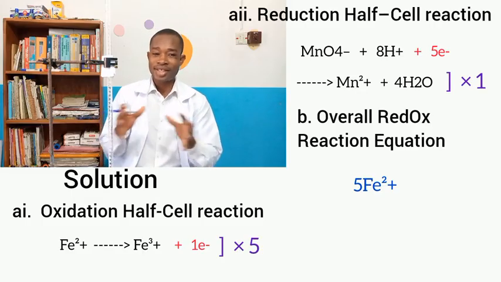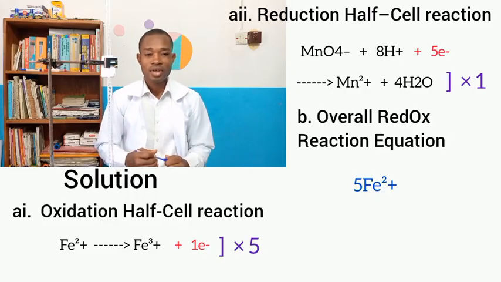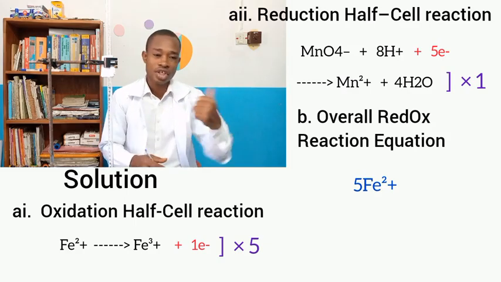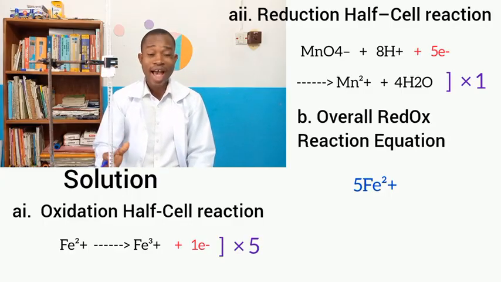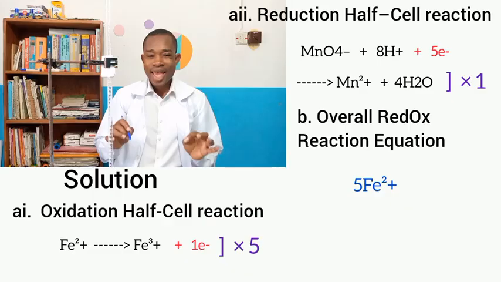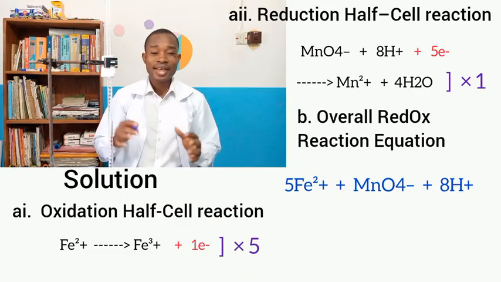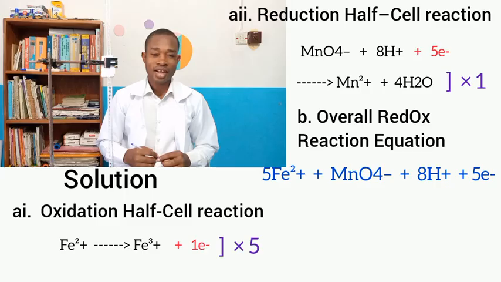So we're going to pick that and add it to the 5 iron 2 ion from the oxidation process. So what we are doing is simple. We are combining the reactant part of the oxidation and reduction half cell reactions. So this is what we have: 5 iron 2 ion plus MnO4 minus plus 8H plus, and then plus 5 electrons.